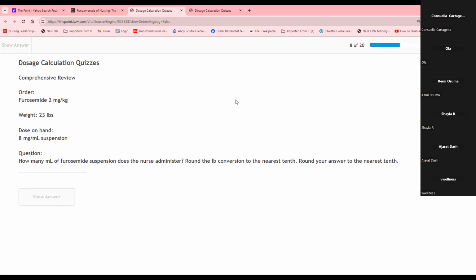Is it 20? Oh, wait, no, I think I forgot the 8. I got 2.6 mLs.